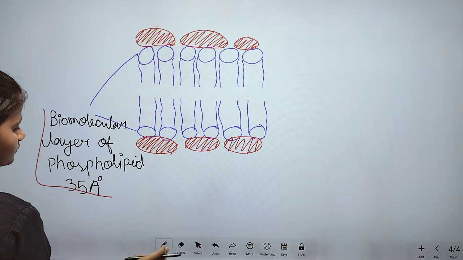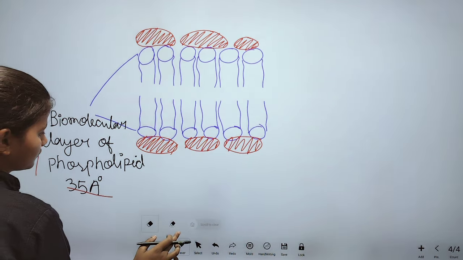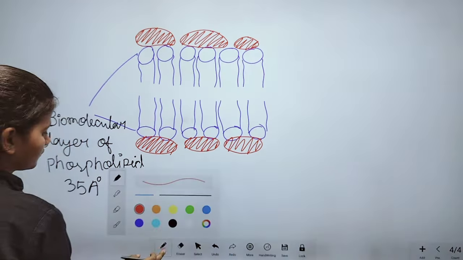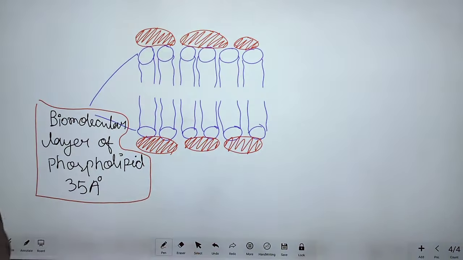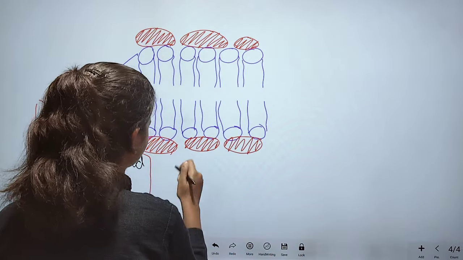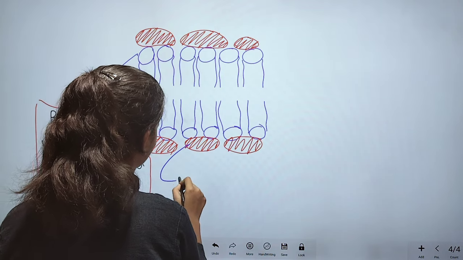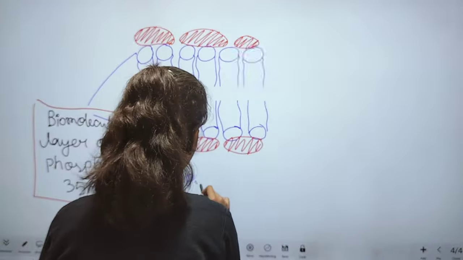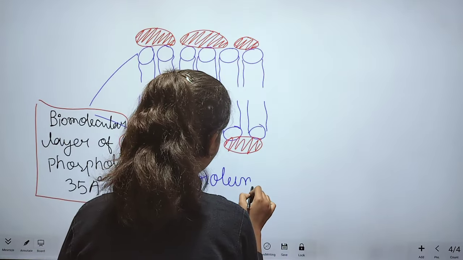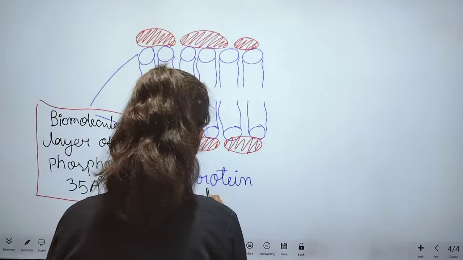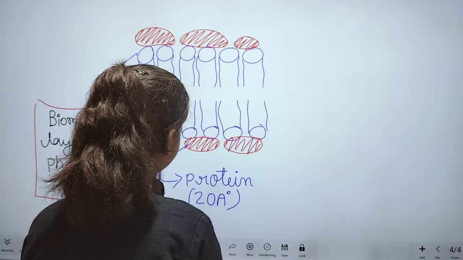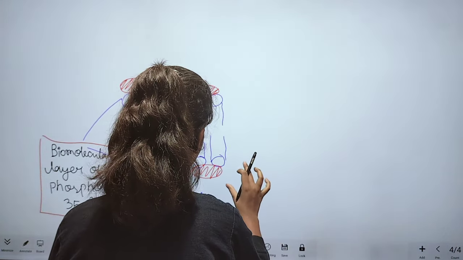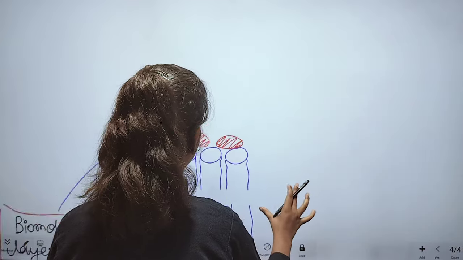And this one is protein, with a thickness of about 20 angstrom. This red one is also protein.